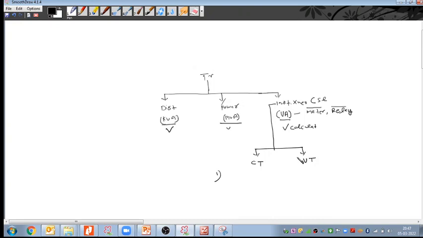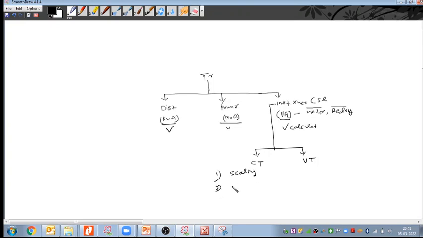They scale down the current and voltage from the HV system and feed the lower voltage and current to the connected meters, instruments and the protective relay.